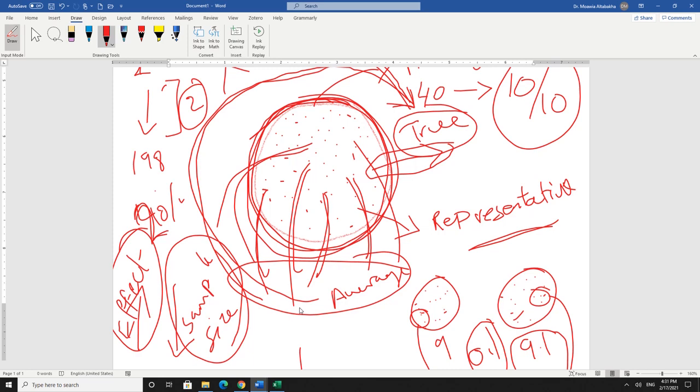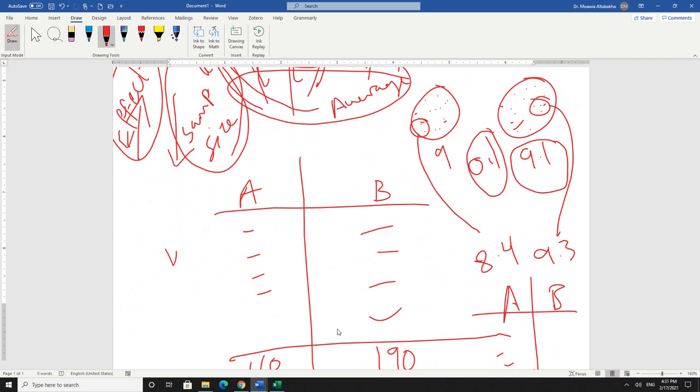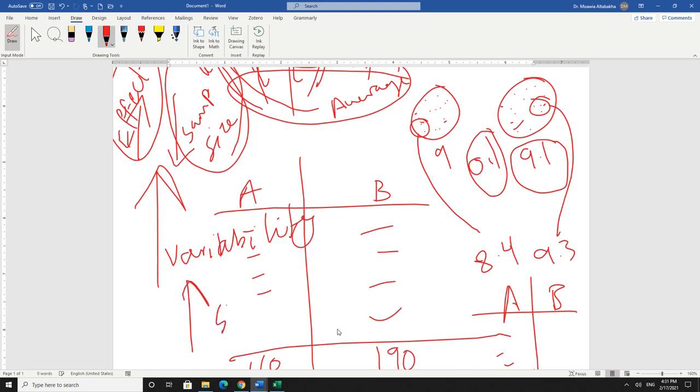So the higher the variability between people in responding to the drug, we need a higher sample size. So the higher the variability, the higher the sample size. So I hope this quickly tells you how we do that.